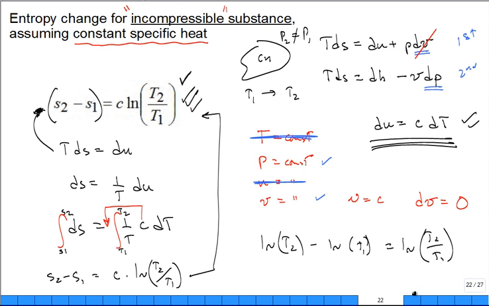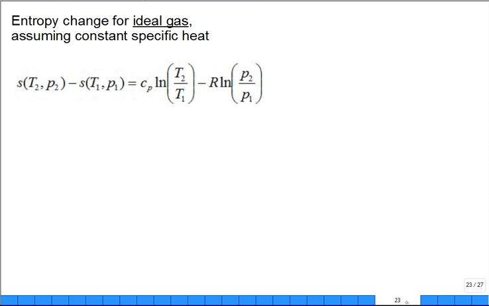Let's go on to another type of substance. What type of substance? Ideal gas. We'll do the same thing. We'll assume constant specific heats and get this relationship. But before we get knee-deep in the derivation, look at the equation. What does it tell you? Think about the equation we just had up there for an incompressible substance.